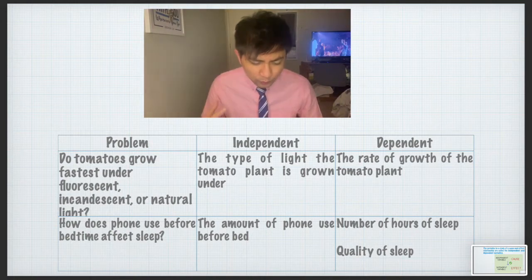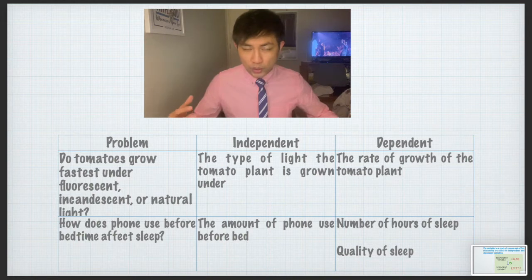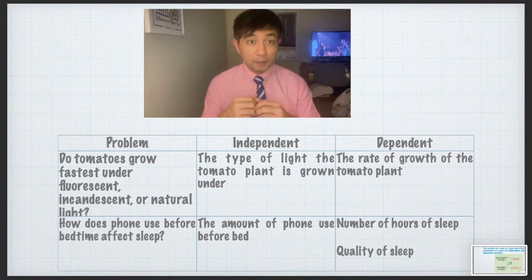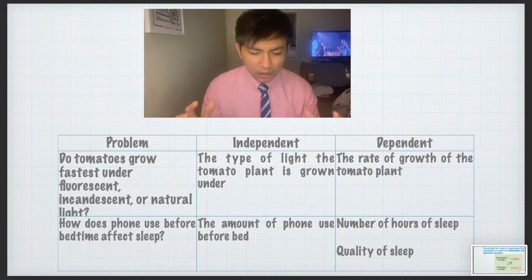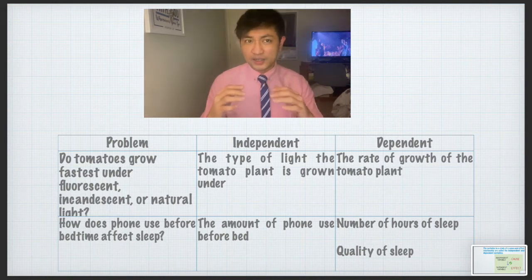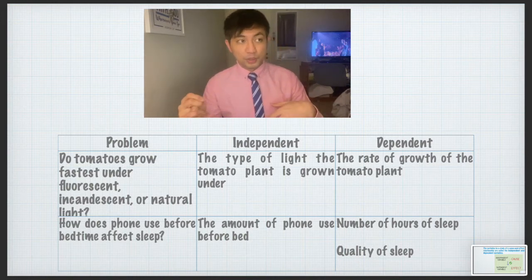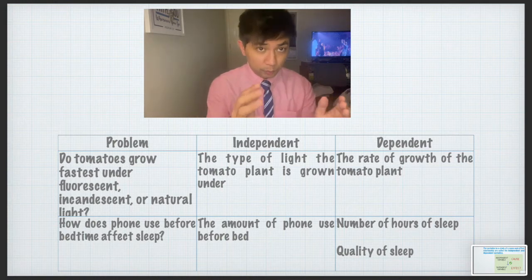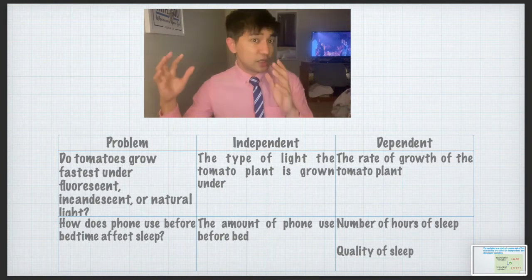How does phone use before bedtime affect sleep? So what is the independent variable? What are we changing, or what can we change there? It will be the amount of time of phone use before bedtime. You can study some people who use their phone 10 minutes before bedtime, 30 minutes before bedtime, 60 minutes before bedtime.